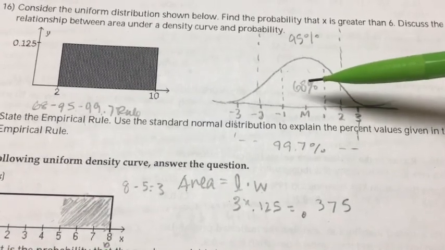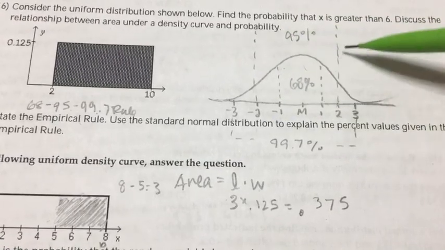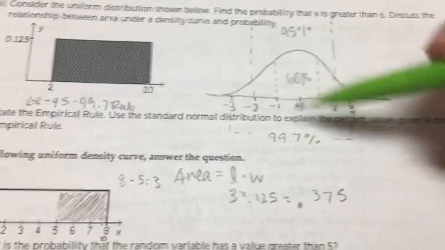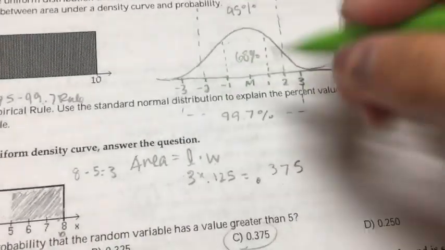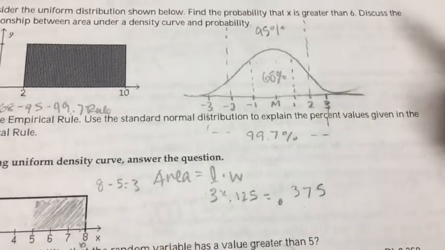And then including that 68, 95% of your data is within 2 standard deviations, and then 99.7 is within 3. And then this other 0.3%, it's based on outliers.